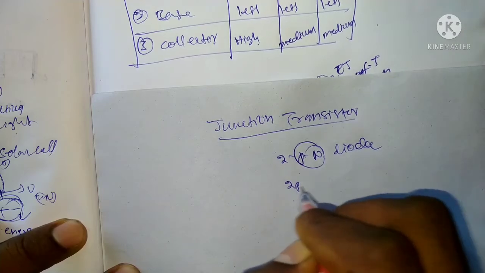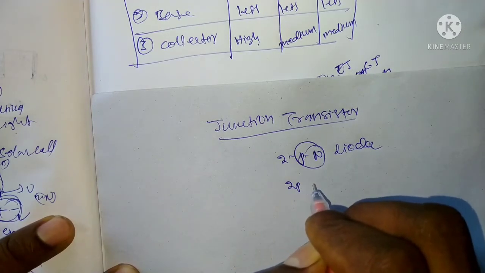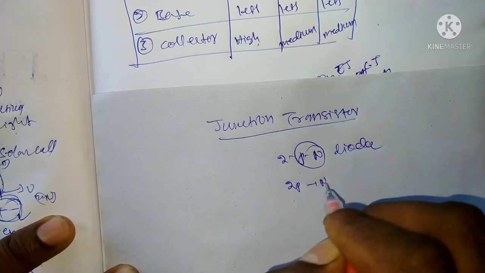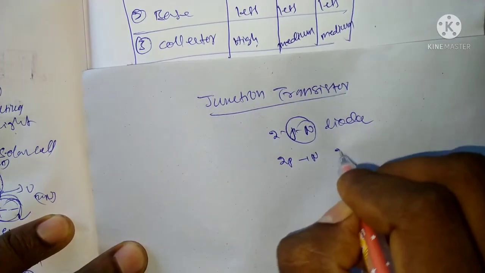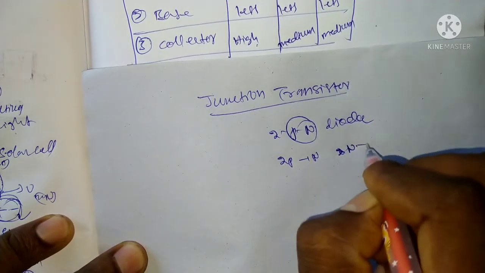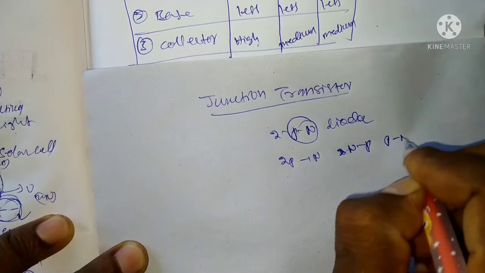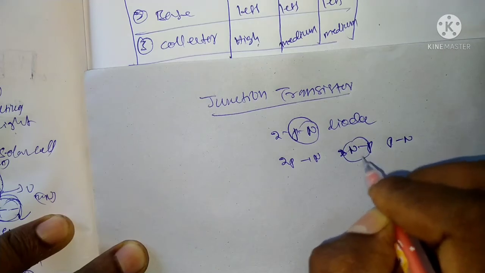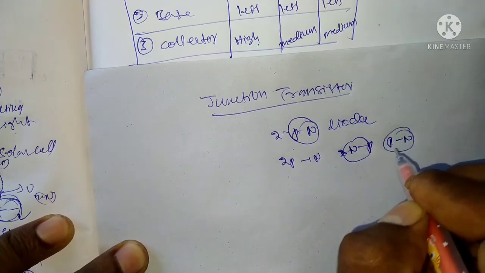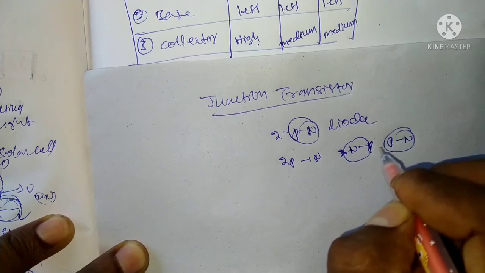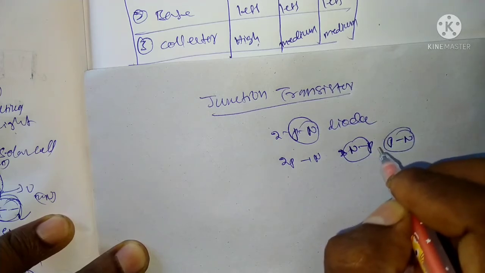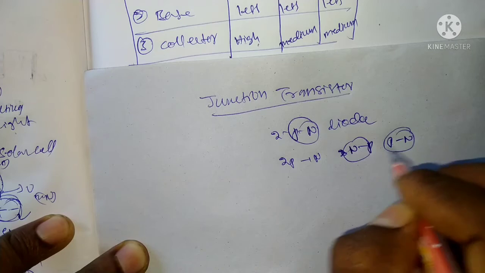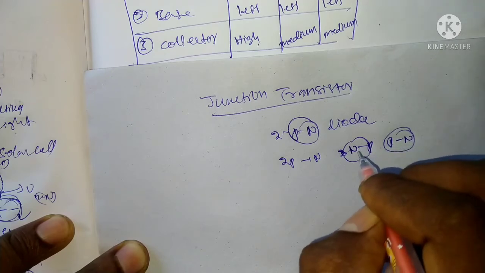Suppose two PN junction diodes are sandwiched with a p-type semiconductor in between the two N regions, that is N P, P N. Two PN junctions are combined to form one transistor, that is NPN.